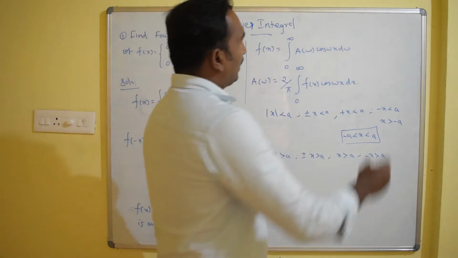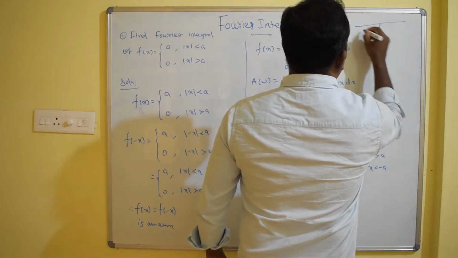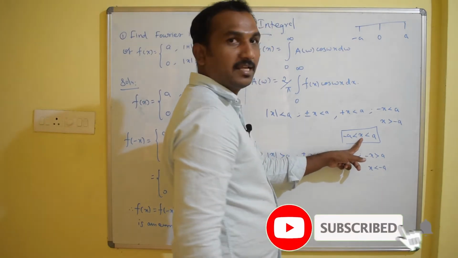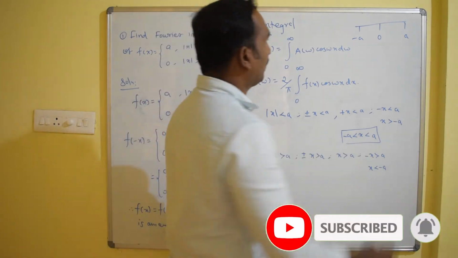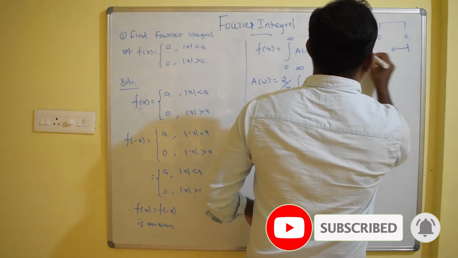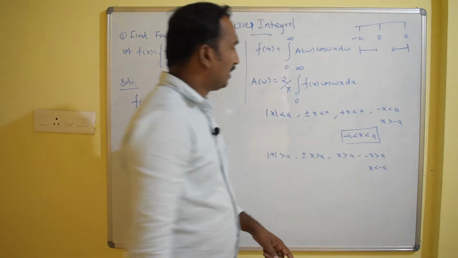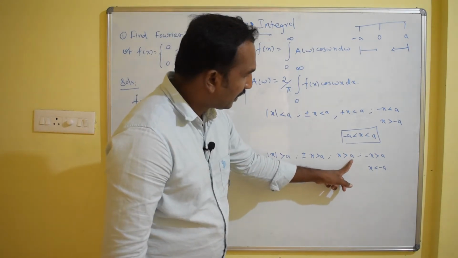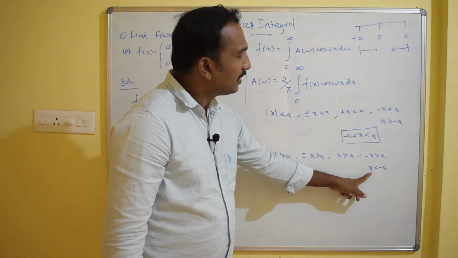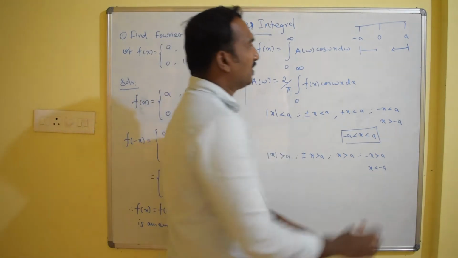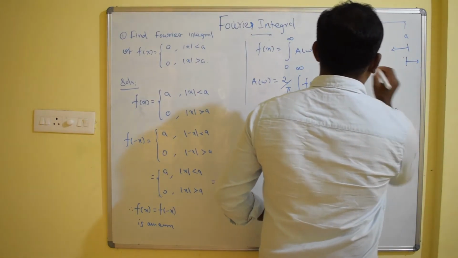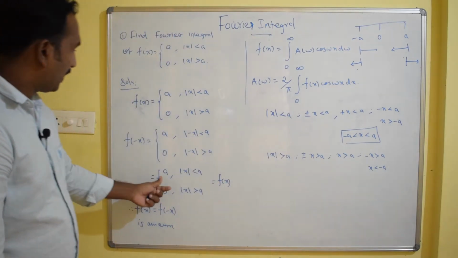If you go to the real line here, let us take 0, negative a and positive a. The first value, x lies between minus a and plus a, will be from here to here. And the second one, x greater than a and x less than negative a, is one here and another one here.